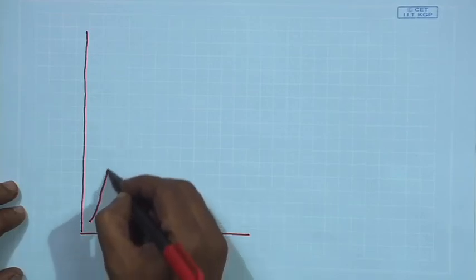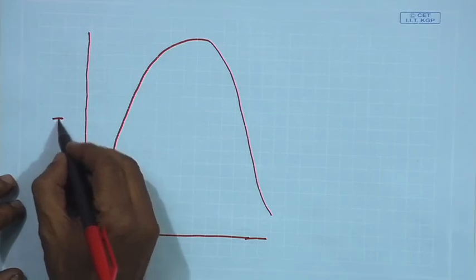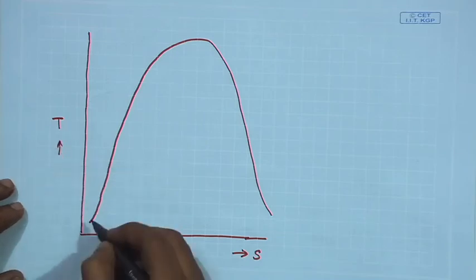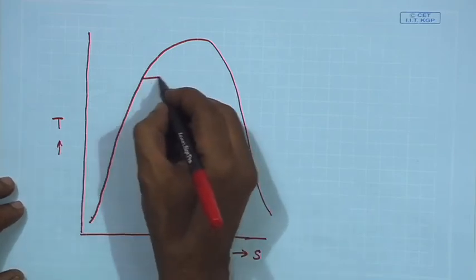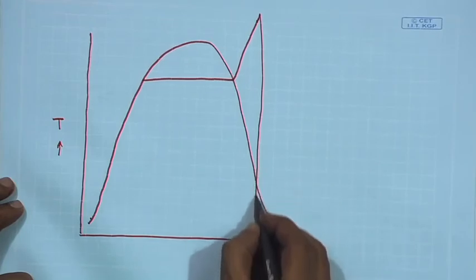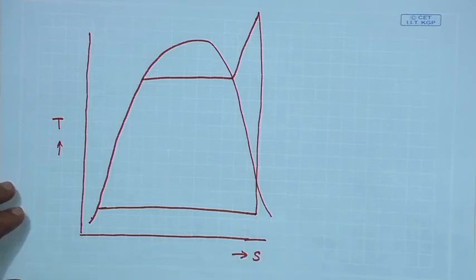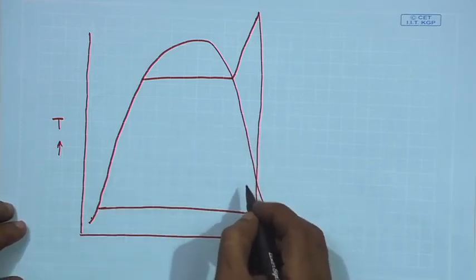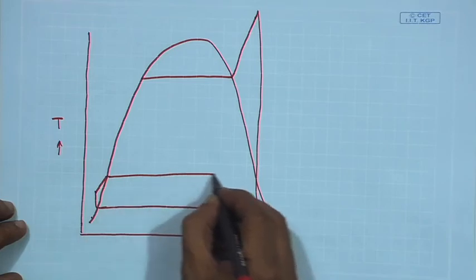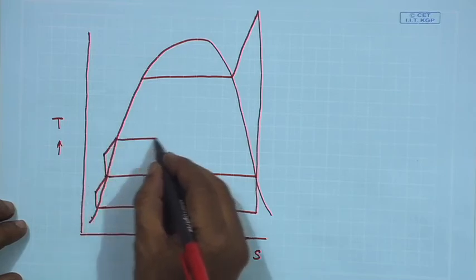Let us say this is my steam power cycle and this side is T and this side is S. Schematically, this is showing the cycle and let us say I am showing it only for open feed water heater just for the sake of understanding it.